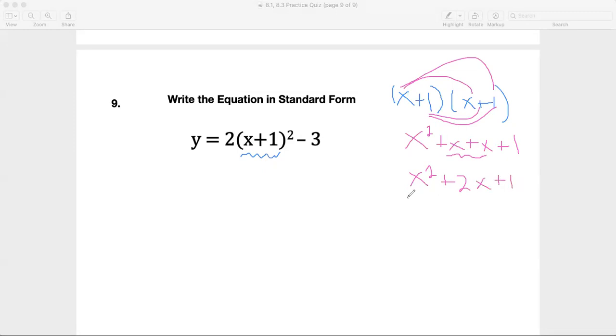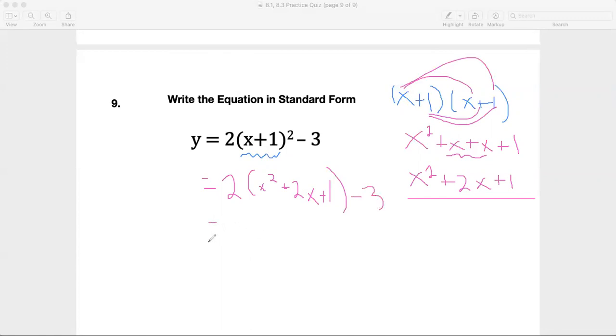All that is going to go back into what's underlined in parentheses. So it's going to go equals 2 times x squared plus 2x plus 1, close your parentheses, and then a minus 3.